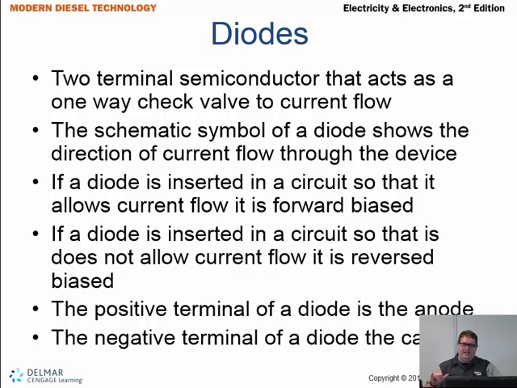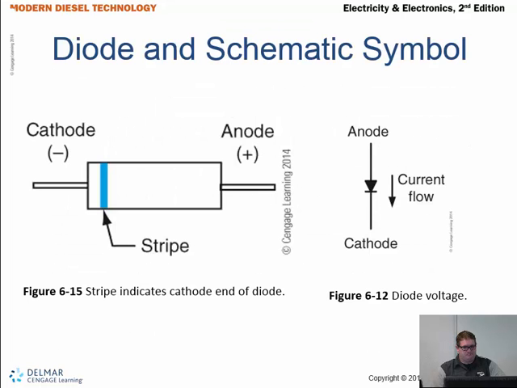And I think of that A to C. A comes first in the alphabet, C comes last, as far as anode and cathode go. So I know that the anode comes first, just like positive, like our voltage flow is positive to negative, anode to cathode. And this becomes important when you're playing with light-emitting diodes and things like that.